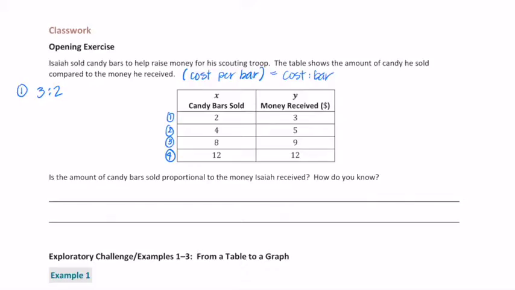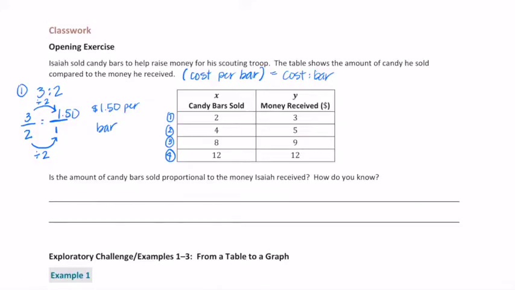If we put that in fraction form, which I like because it's easier to figure out what to multiply or divide, it's $3 received over 2 bars sold. To get an equivalent ratio where the number of bars sold is 1, I need to divide by 2. If I divide 3 by 2, I get $1.50. So it's $1.50 per bar in the first situation.